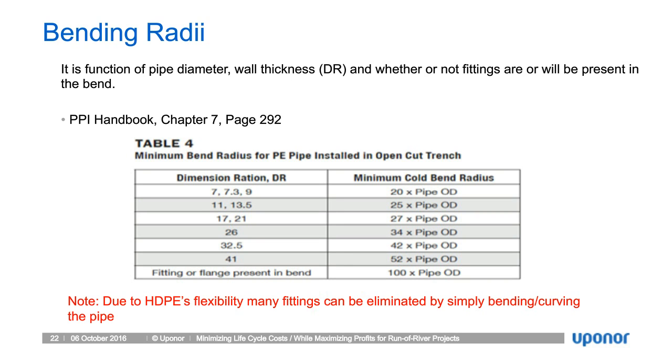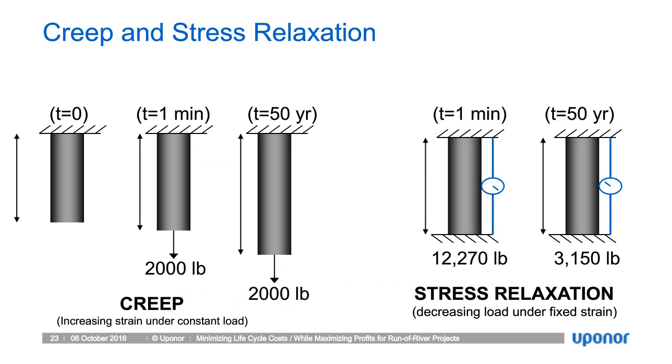So the bending radii allows us to eliminate a lot of fittings and couplings just by the ability to bend and curve around maybe some obstacles or make slight transitions. By eliminating those bends and couplings, that also reduces our overall project costs.